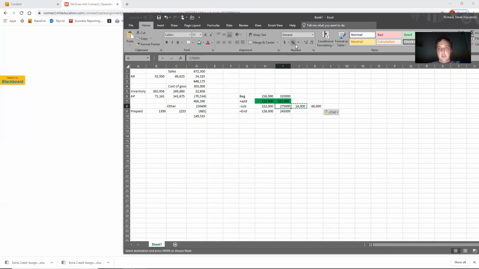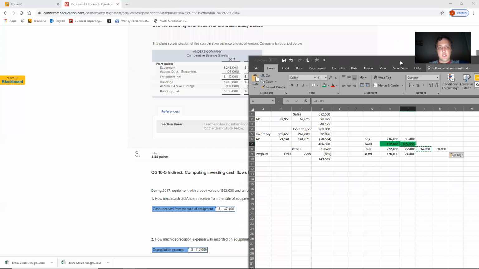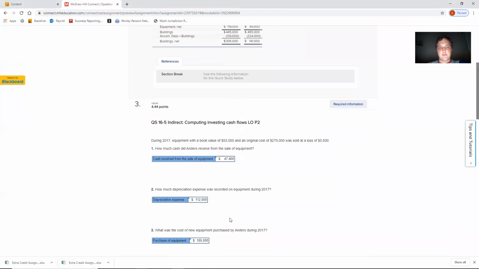So if we disposed of 275, we started with 335, and somehow we ended with 245. That means we must have purchased something for 185.